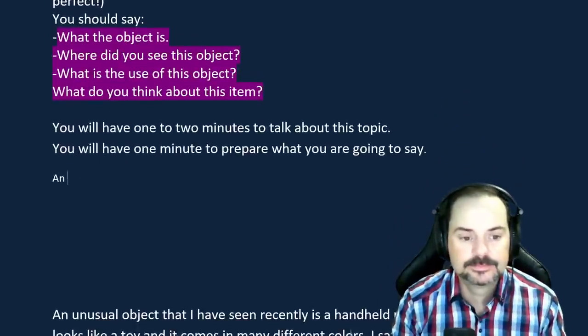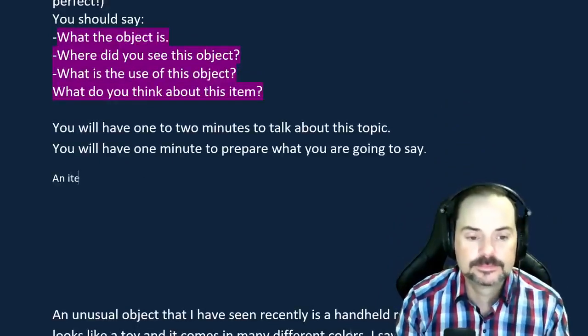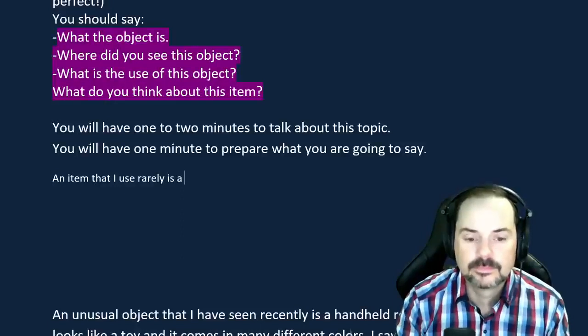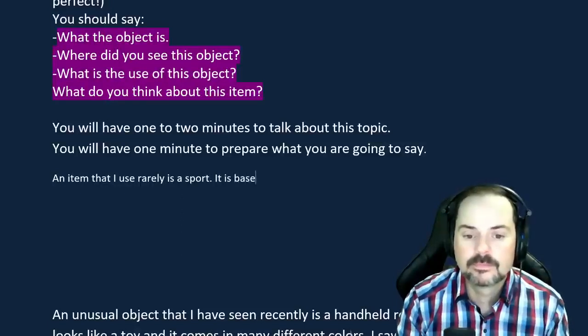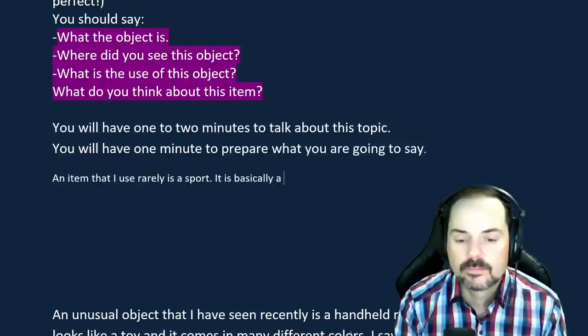An item that I use rarely is a spork. It is basically a utensil which is made up of metal, wood, plastic, or maybe a combination of different kinds of alloys.